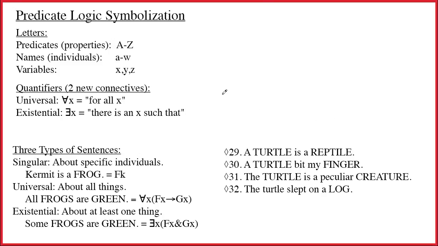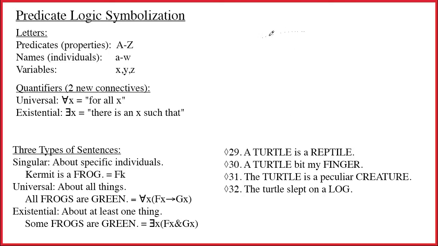I like for the sentences that we're symbolizing at this point, for the most part, to have really obvious names and to have explicit quantifiers, and I'm not trying to trip people up. These four sentences, though, they invite you to ask about the difference between singular, universal, and existential, and I think it's a good exercise to go through and think about them.